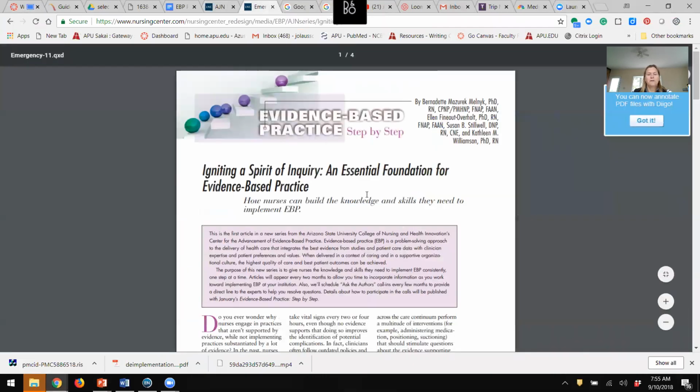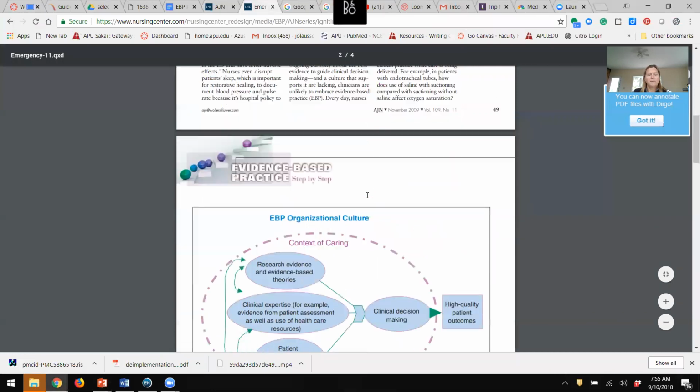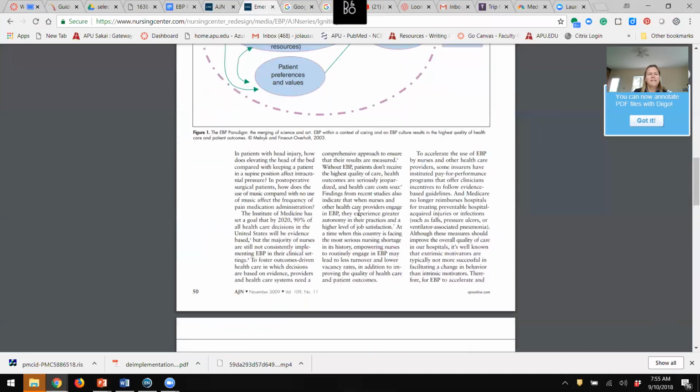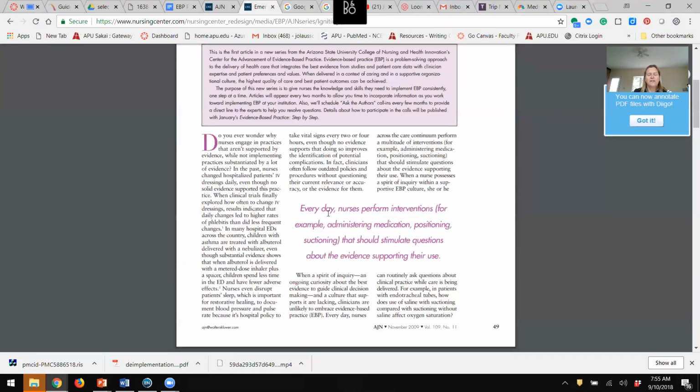It brings up the context of caring we just saw, and says that as nurses, we perform interventions every day, and we should ask whether these are things we should be doing or shouldn't.